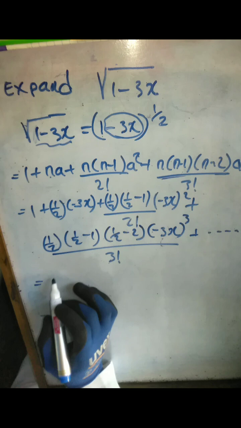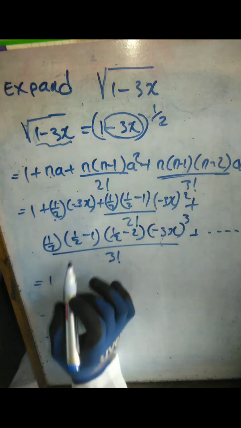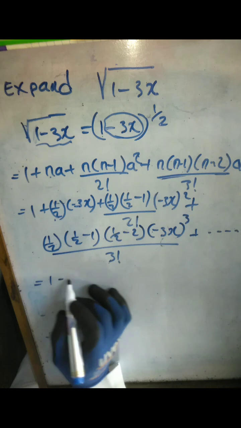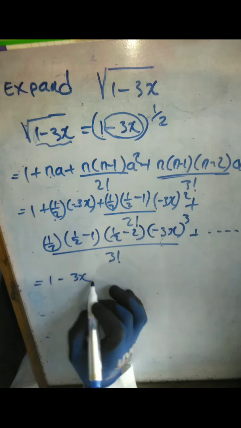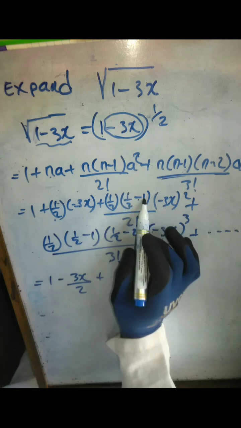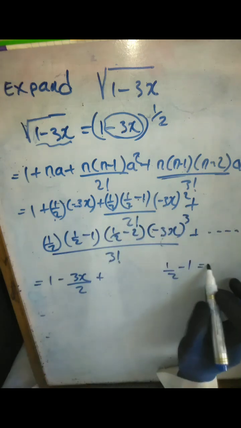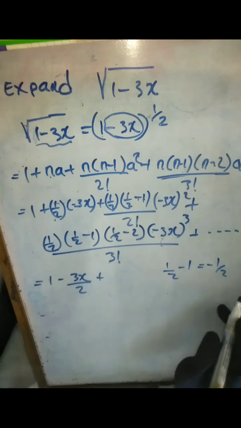So now this can give us 1 over 2 multiplied by negative 3x. We're going to get negative 3x over 2 plus then 1 over 2. So 1 over 2 minus 1 gives us negative half.